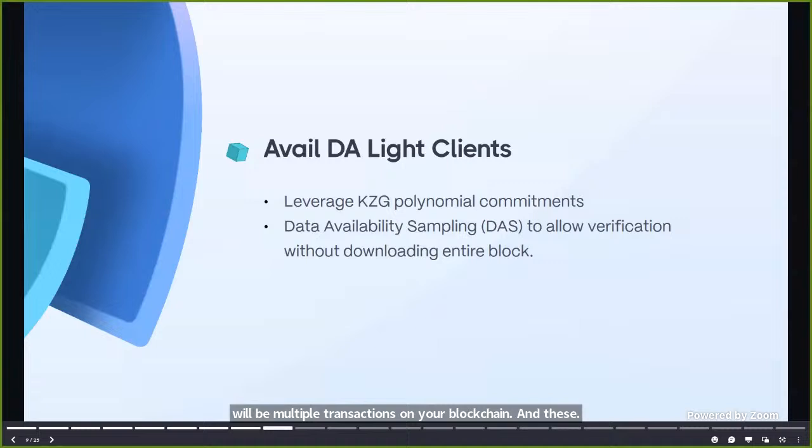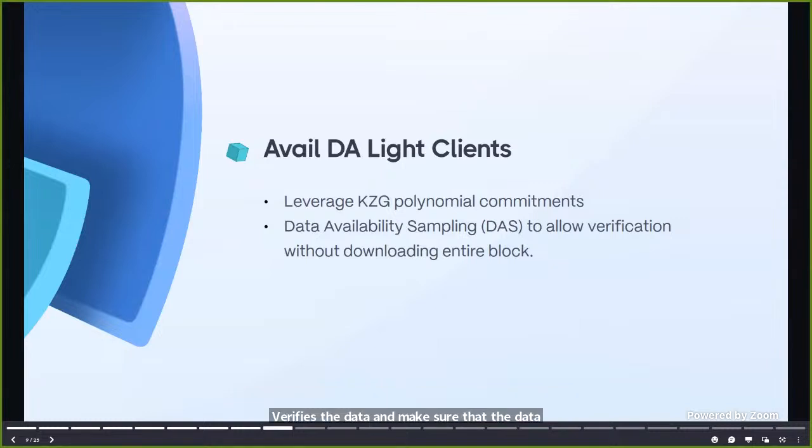Now this data goes to Avail. Sorry, any question? Okay, sorry, I was looking at the screen. Because this goes to the Avail DA layer, it processes all the transactions. That's the basic idea, but then we have AvailDA light clients, which verify the data and make sure that the data is live.